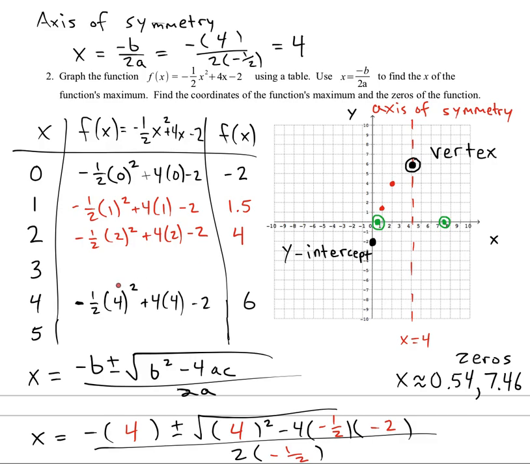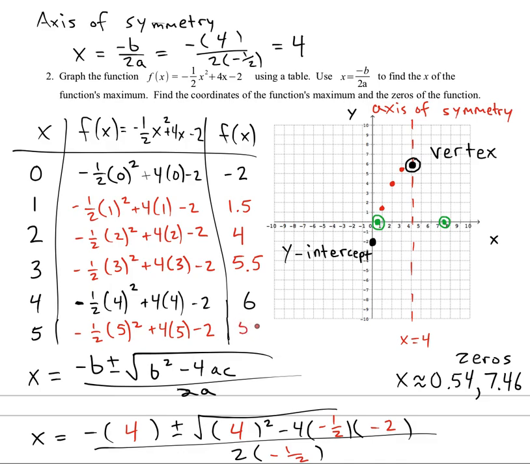Okay. And let's try an x of 3. 5.5. Okay, beautiful. Now, if I were to plug in an x of 5, I already know what it's going to be by the symmetry of the parabola.